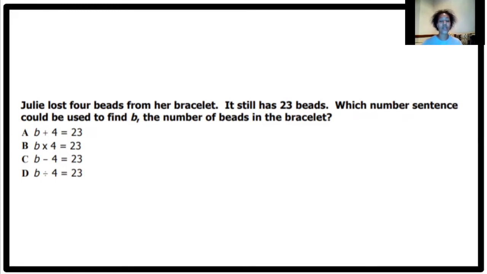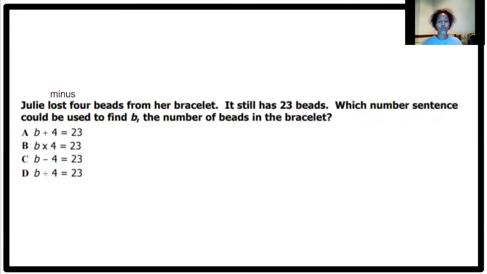Subtraction. So we know that 4 beads were lost, or taken away, or subtracted. But we don't know how many beads there were initially. So that's the unknown. So that number had 4 beads taken away from it, and 23 is how many there were remaining.